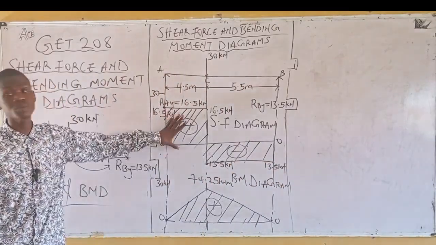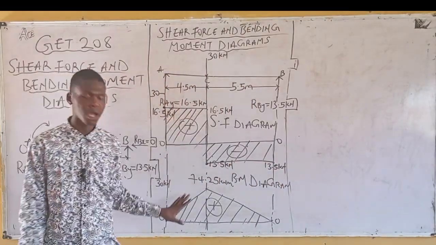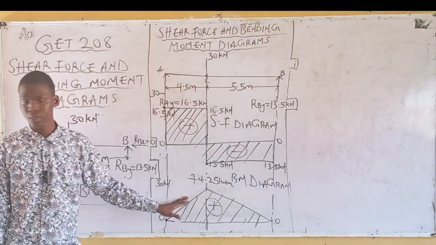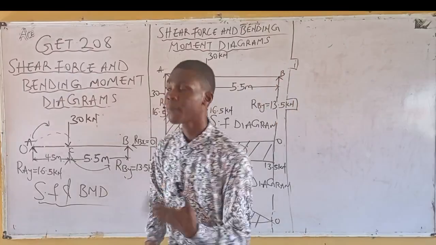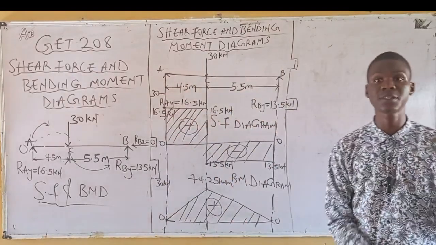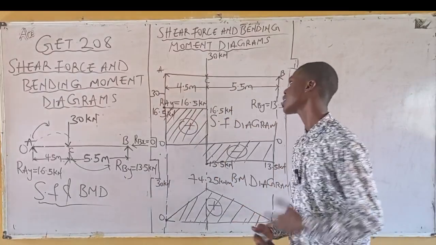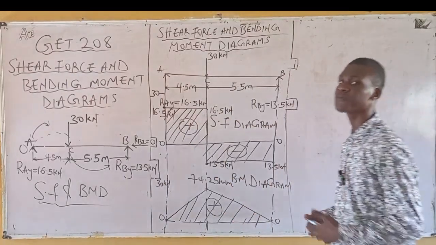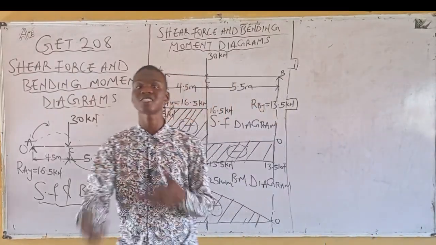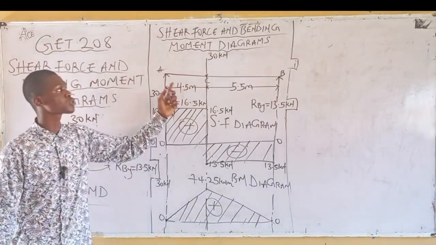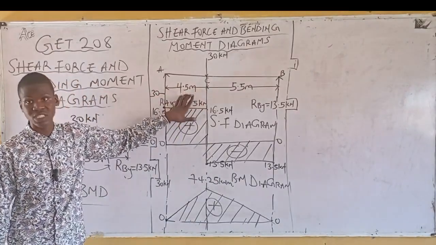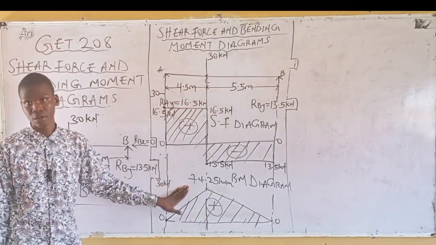So this is your shear force diagram and bending moment diagram. A beam loaded with different types of load has their respective shear force and bending moment diagram. For this particular beam, this is the shear force diagram and this is the bending moment diagram.